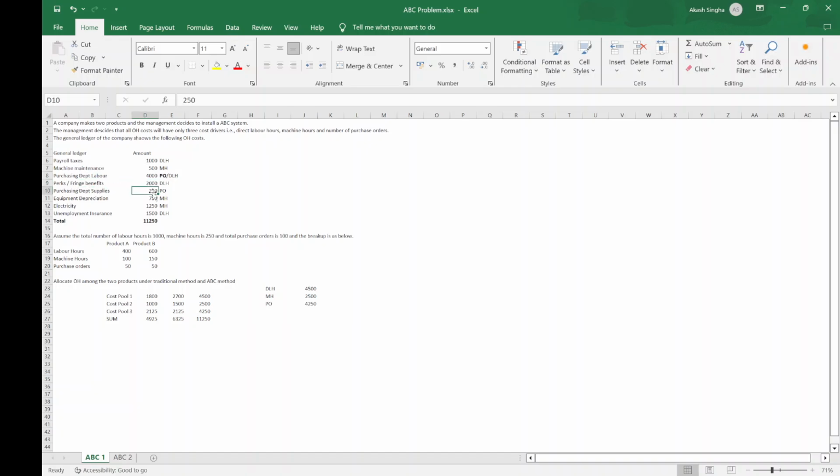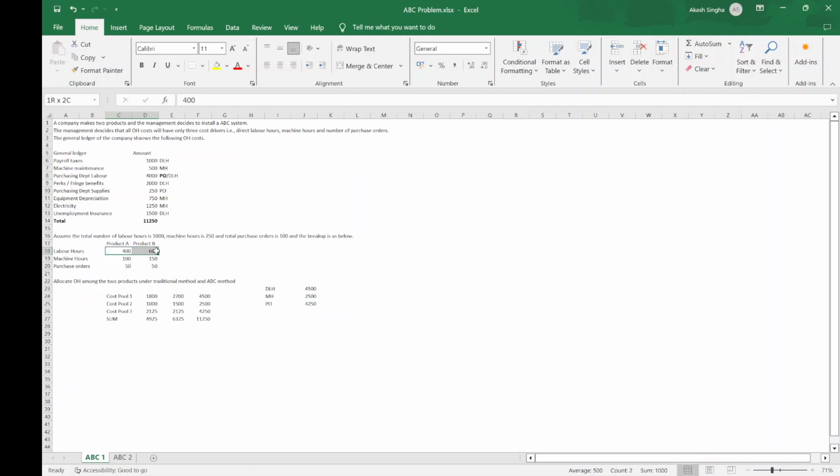Purchase again, it will be PO. Equipment depreciation will be because it is related to machine, it will be machine hour. Electricity always machine. Unemployment insurance, it is related to labor, so direct labor hour. So after dividing it with which is what, just add all the DLH, all the MH and all the POs.